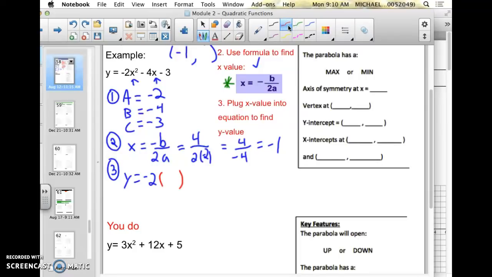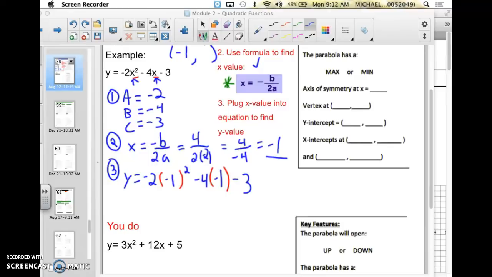So instead of where the x's were, I'm going to write parentheses, because that helps tell me I'm going to put a number into those parentheses. So I have negative 2 parentheses squared minus 4 parentheses, and then minus 3. Inside those parentheses goes my x value that I found with the formula x equals opposite b over 2a. So I'm going to put a negative 1 and a negative 1.